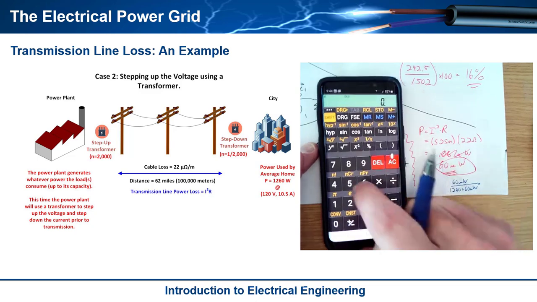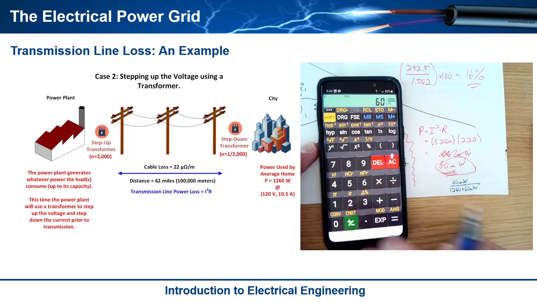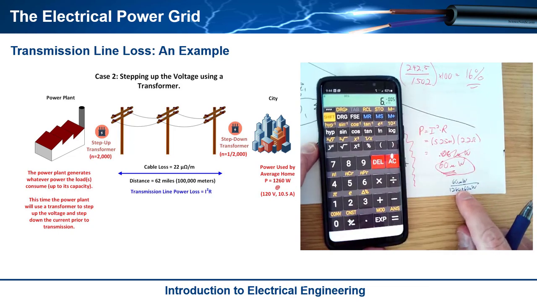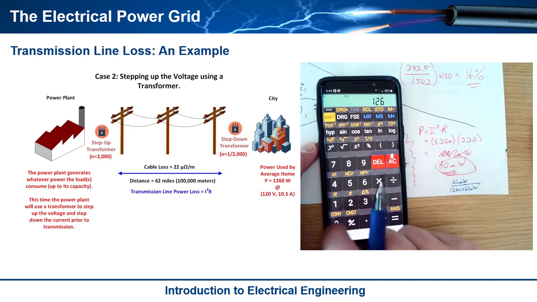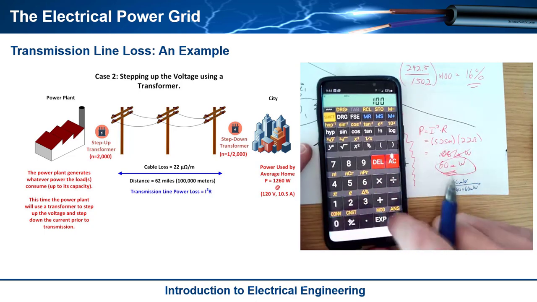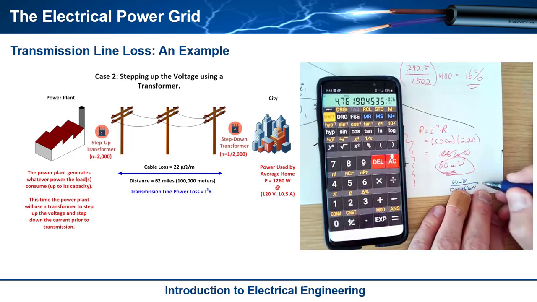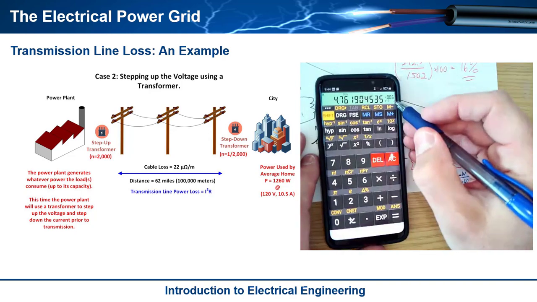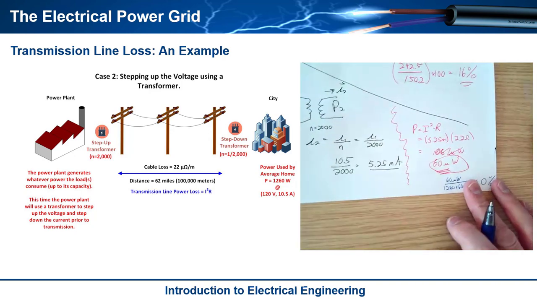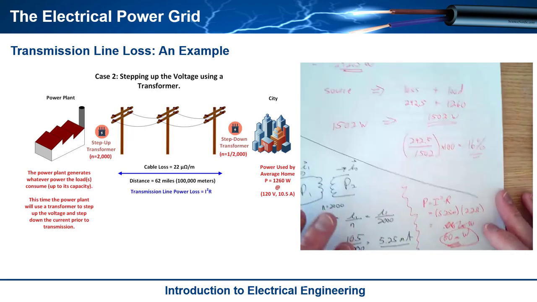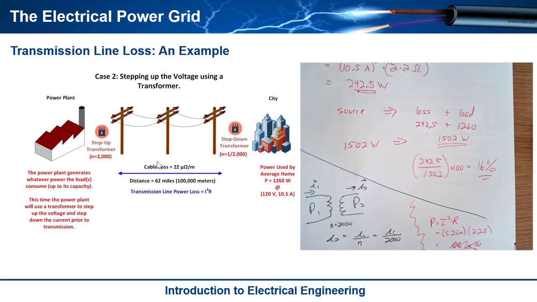Actually, let's do it. So 60 times 10 to the negative 6, divided by, open parentheses, 1260 plus 60 times 10 to the negative 6, close parentheses, equals, and then times 100, and that is my percentage. And you can't even see it. It's almost 0, so you're measuring it in micro percentages. That means the source only had to provide essentially the power used by the home.